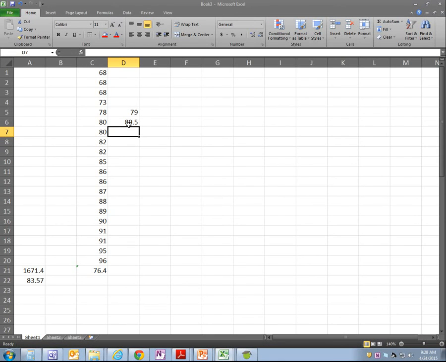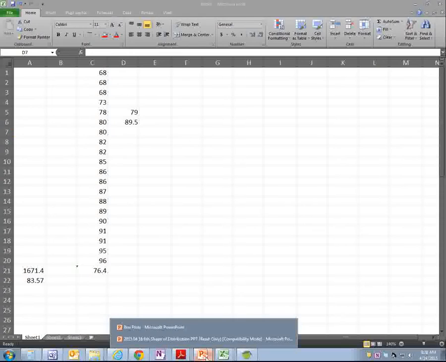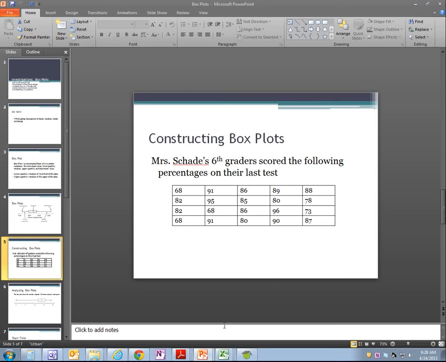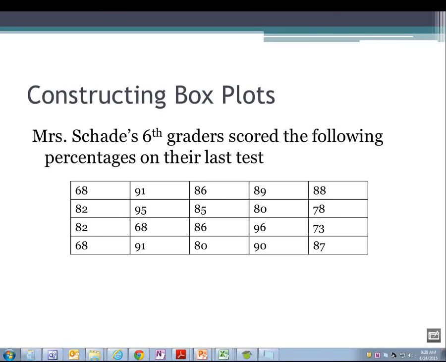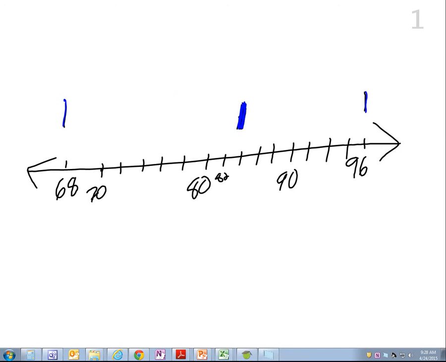So because that is the median of the lower half of the data, what was the median of the upper half? 89.5. So I'm going to put one of my lines here. Good. And where does the other box part go?